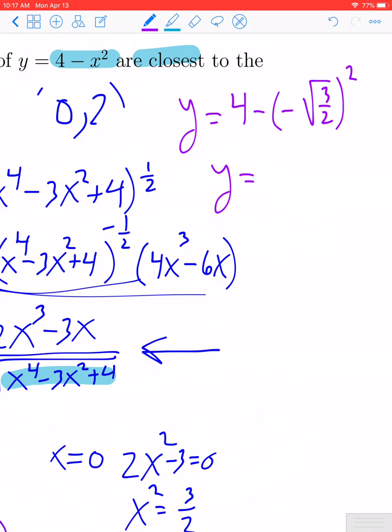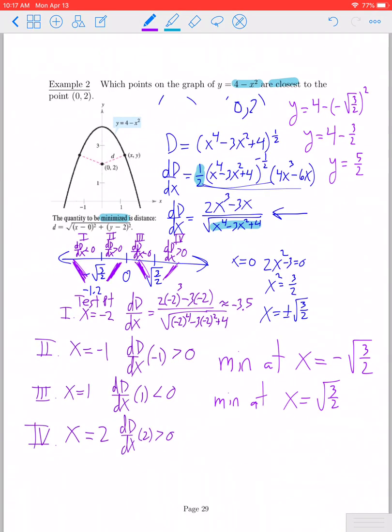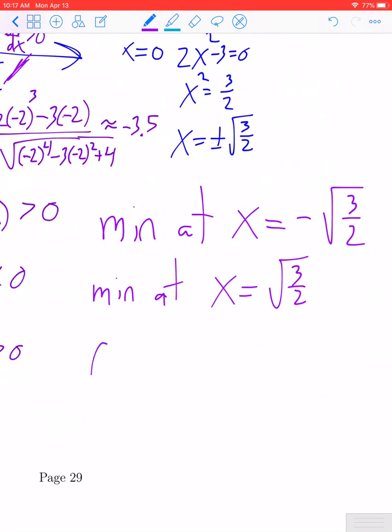The y-coordinate is going to be 4 minus 3 halves. And then 4 minus 3 halves, if we get common denominators, that will be 8 halves minus 3 halves, which is 5 halves. So we have a min at the point negative square root of 3 over 2, 5 halves.